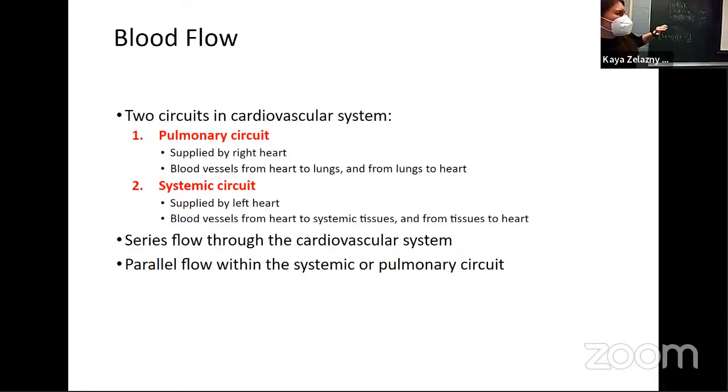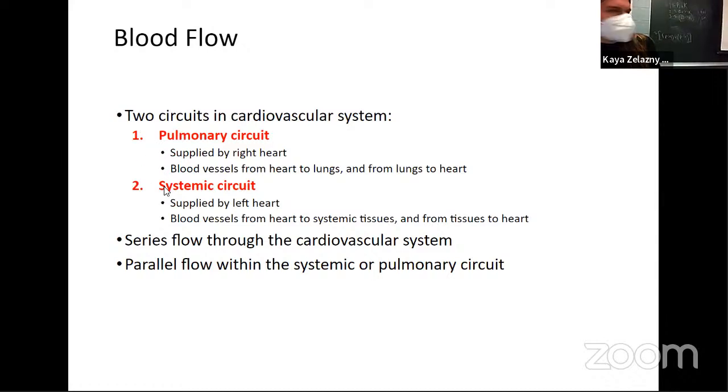Now, we refer to the type of flow in these different circuits using physics terms, I guess. We refer to flow through the cardiovascular system as series flow. Sorry, so we have to flow through the pulmonary circuit and then the systemic circuit. So that's the series.